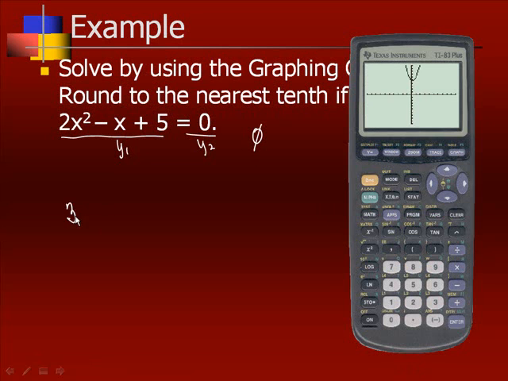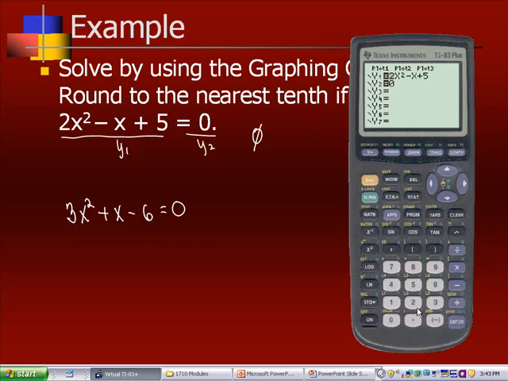Okay? Let's do another one. Let's do 3x squared plus x minus 6 equals 0. Okay? So we've got y1 equals 3x squared plus x minus 6, and then y2 would be 0.